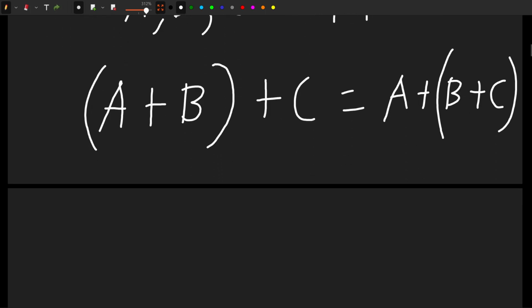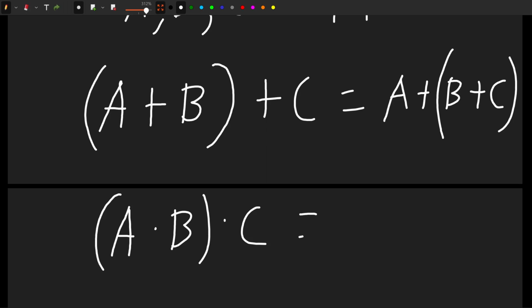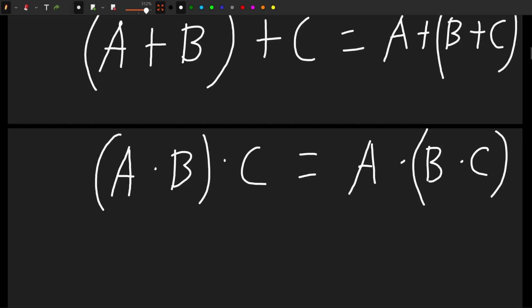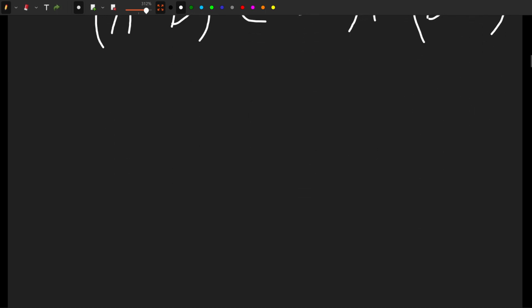Additionally, the same is true when you're multiplying. We have (a times b) times c is equal to a times (b times c). And another simple example is, suppose we have 4 plus 5 plus 6.